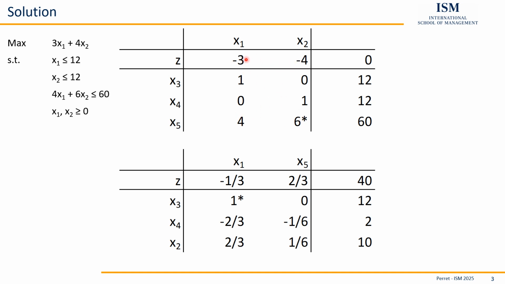For the recalculation, I take the element I want to change minus these two multiplied, divided by the pivot element. So in my situation, I go with minus 3 minus minus 4 times 4 divided by 6. Minus minus makes it positive, so minus 3 plus 4 times 4 divided by 6, which in the end will give me minus 1/3.